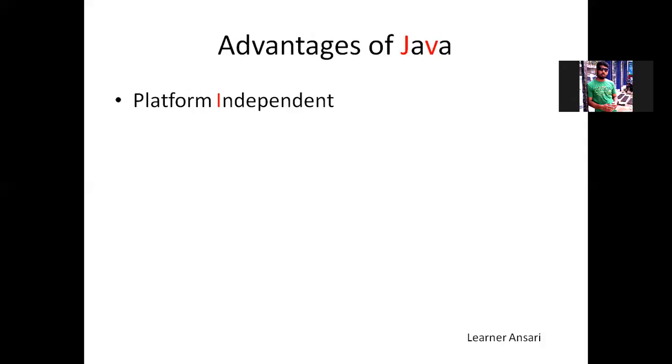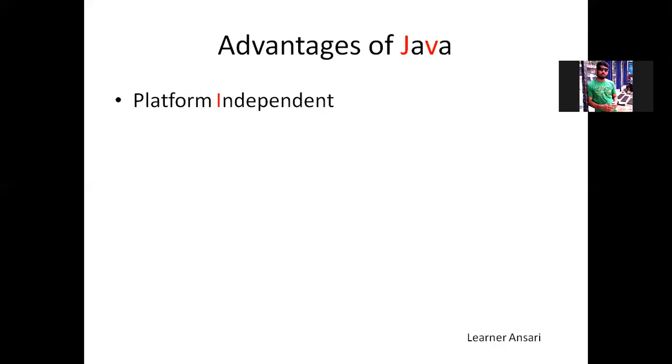So .NET is platform dependent. If you are developing a project in .NET, you can only execute it on a Windows machine. But if you are developing Java software, you can execute it on all machines like Mac OS, Solaris, Windows, Unix. So Java doesn't depend on any particular operating system. So we say Java is platform independent.